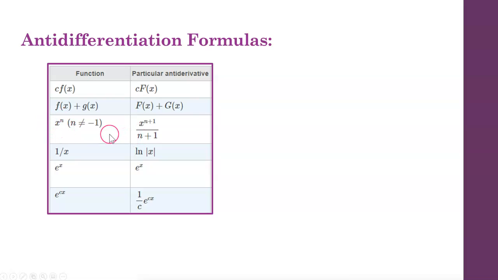Means when I take the antiderivative, I need to do the opposite. I need to increase the power by 1 and then divide by that amount. This works only when n is not equal to -1. So when we have -1, first of all, notice this would become undefined, because on the bottom, I would have -1 plus 1, which is 0.